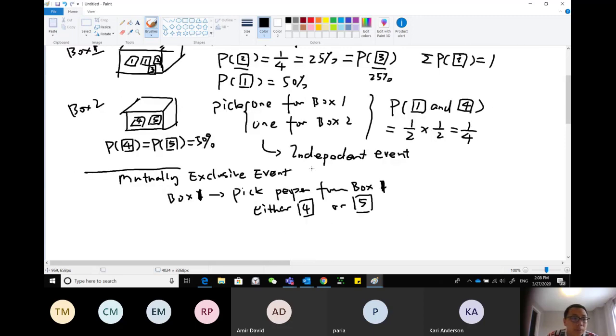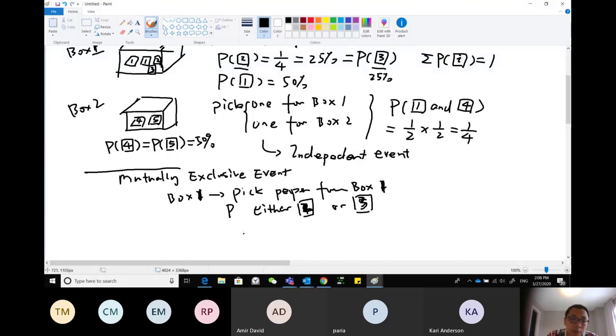So let's say you want to calculate the probability of getting either 2 or 3, right? And getting 2 or 3, they are mutually exclusive from each other. So if the paper you're picking out from the big box 1 is equal to 2, then that prevents you from getting a value of 3, right?